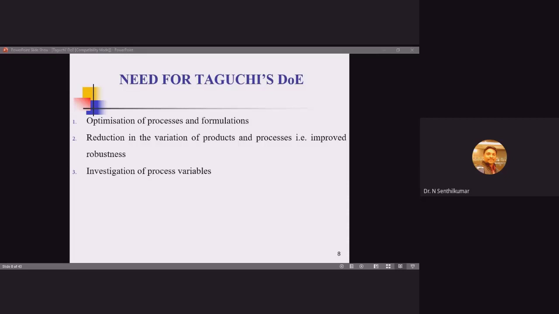Among these 4 variables, which is going to influence more, that we are going to identify. So, investigation on process variables. Apart from that, what is the effect when an increase in cutting speed takes place? When I increase the cutting speed, what will happen to the output? When I increase the approach angle, what will happen to the cutting forces? Likewise, we are going to study.